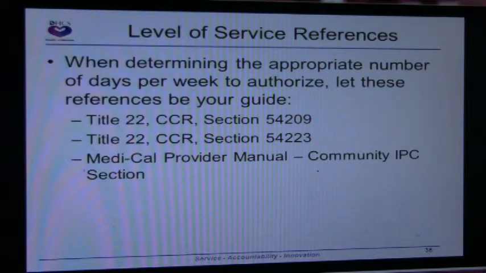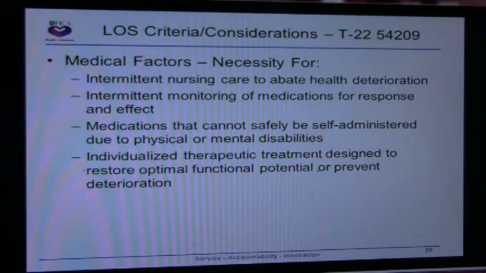Section 54209 in Title 22, California Code of Regulations, talks about some of the possible considerations with regards to level of service and authorization for services. 54223 in Title 22 also addresses attendance and scheduling. And then the Medi-Cal Provider Manual in the Community IPC section addresses some other points. These are all pretty broad, but those are your sort of guideposts for looking to this question of how to adjudicate level of services.